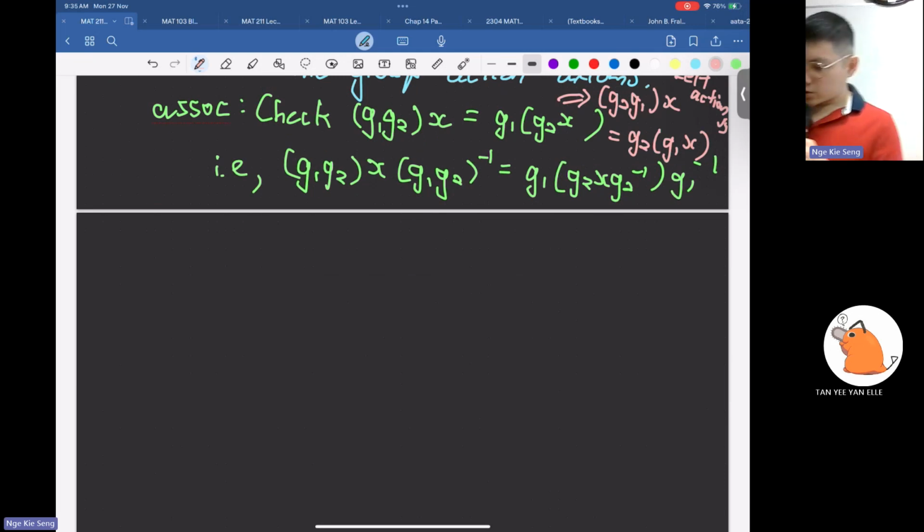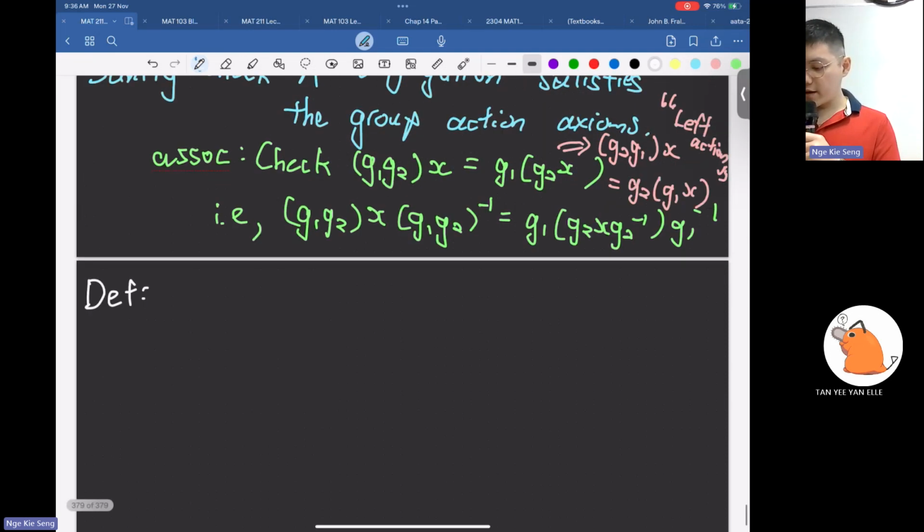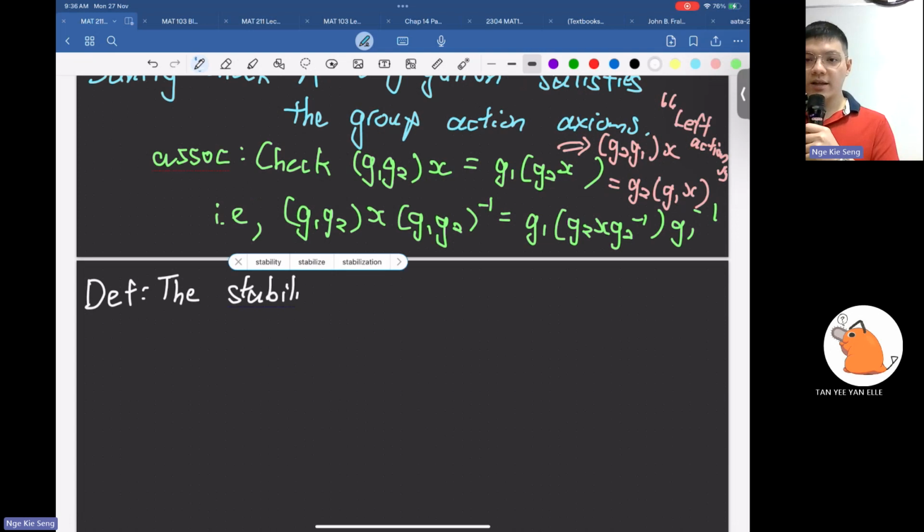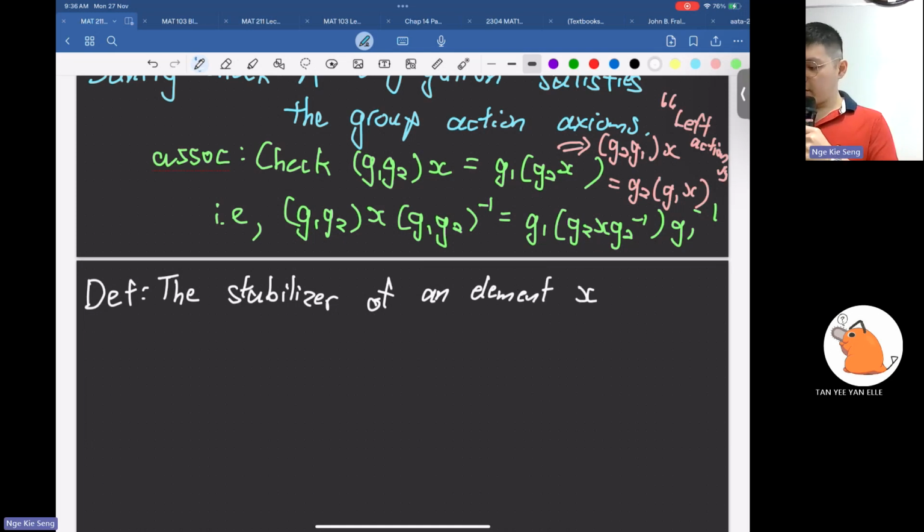All right. So since we have this action, we can define orbit and stabilizer again. So what's the stabilizer of an element here? Can anyone think of what is the stabilizer of this group action?